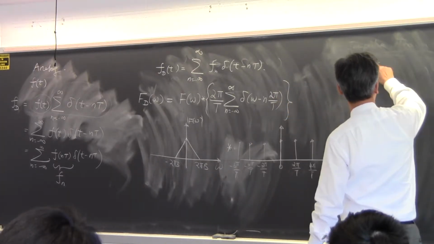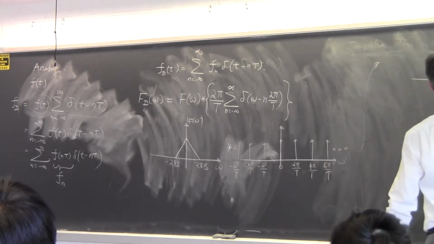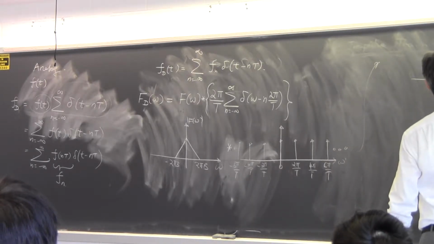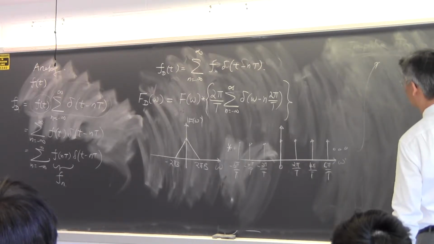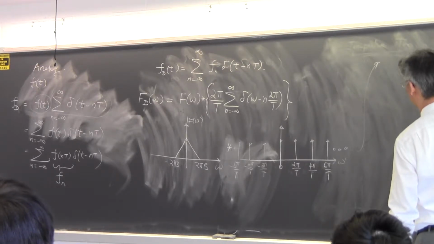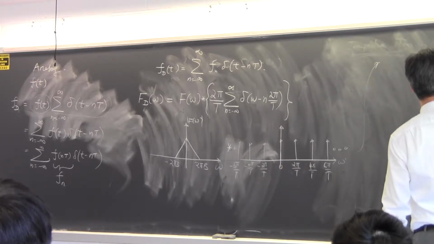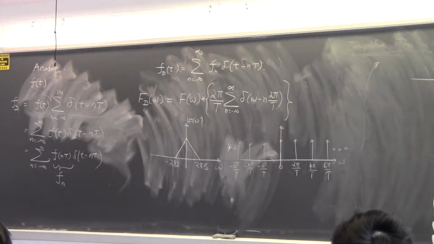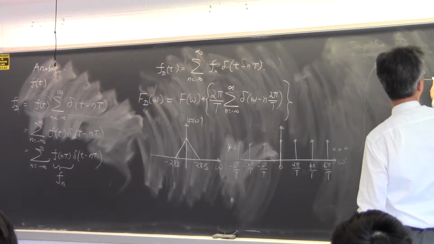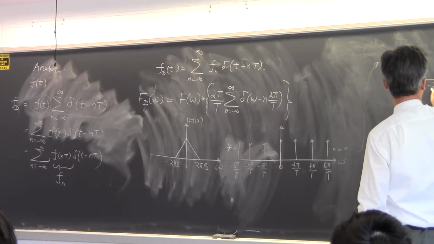The first result looks something like that, with 2 pi B and minus 2 pi B. The next impulse over here is at 2 pi over capital T, and another one is at minus 2 pi over capital T.